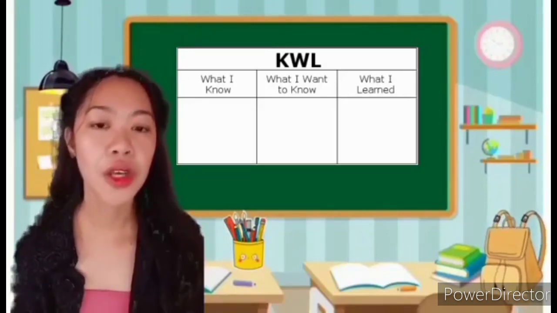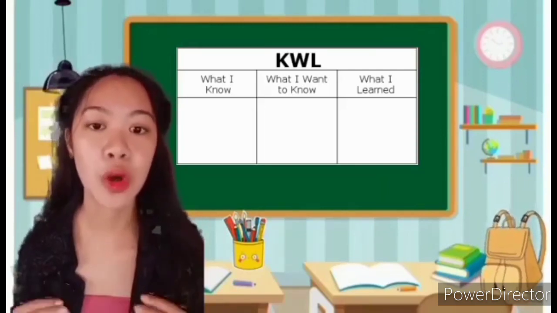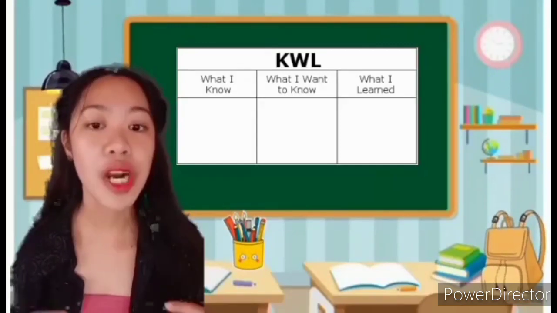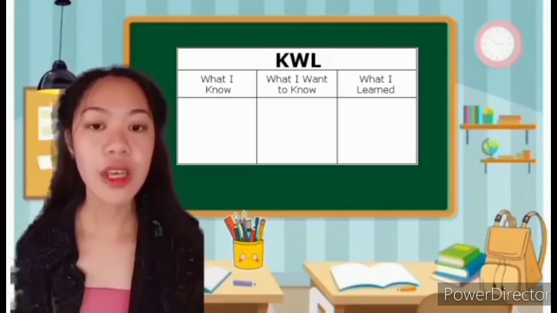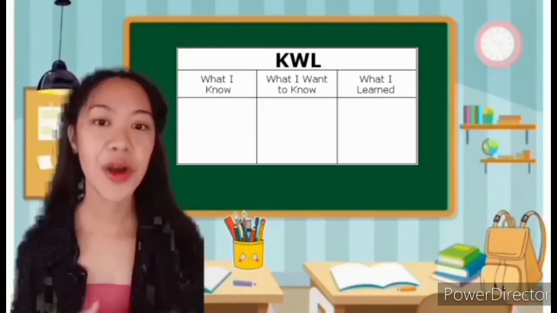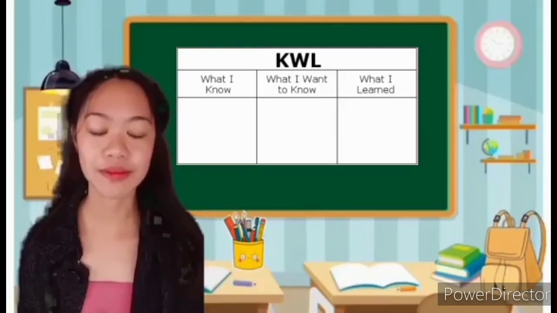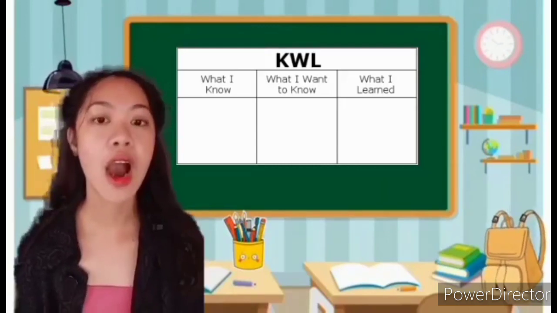Now, you are going to write something in the K and W columns. Later, after our discussion, you are tasked to write something in the L column. Is it clear? Okay, very good. You may now start. Are you done answering? Okay, very good.